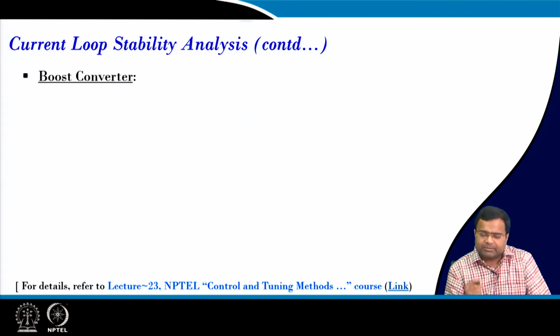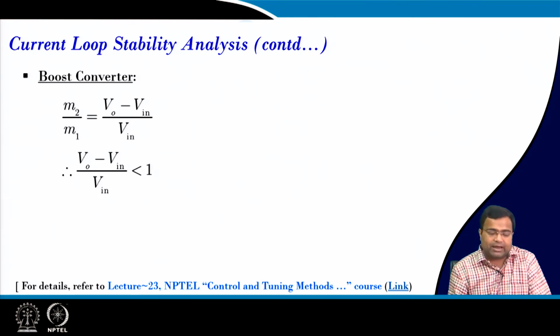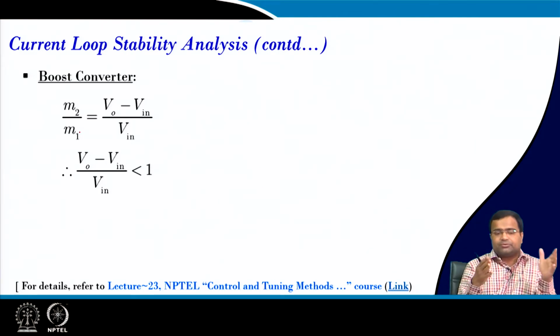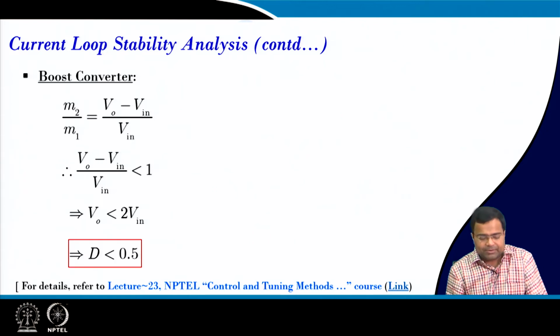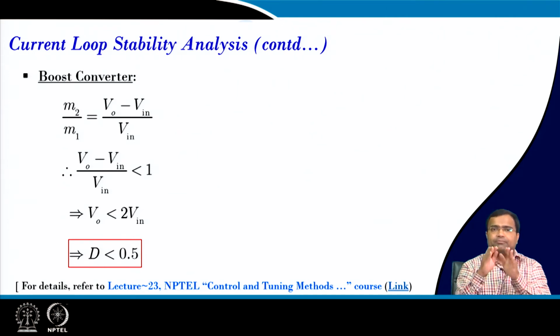Similarly, for the boost converter, if you take m2 by m1, since both are positive, m2 by m1 should be smaller than 1. Again it can be shown that the duty ratio should be less than 0.5. So, it is a universal requirement that the duty ratio should be smaller than 0.5 with the inner loop closed.